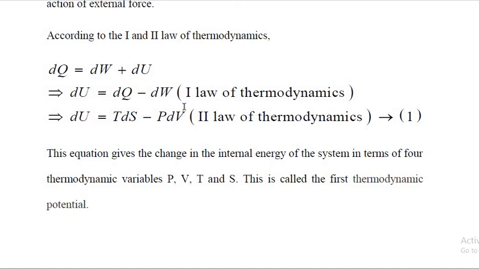It becomes 0. Constant volume means volume remains constant, that is dV is equal to 0. If dV is equal to 0, then PdV is equal to 0. So you will have only du is equal to TdS.